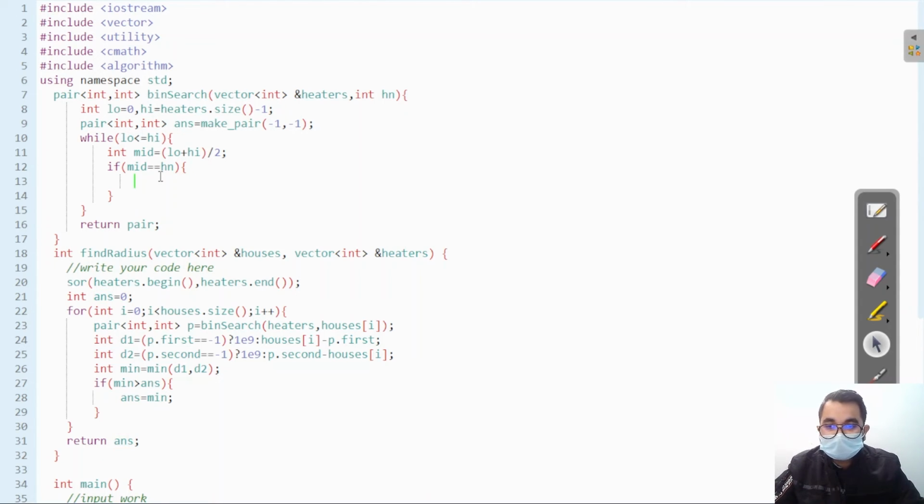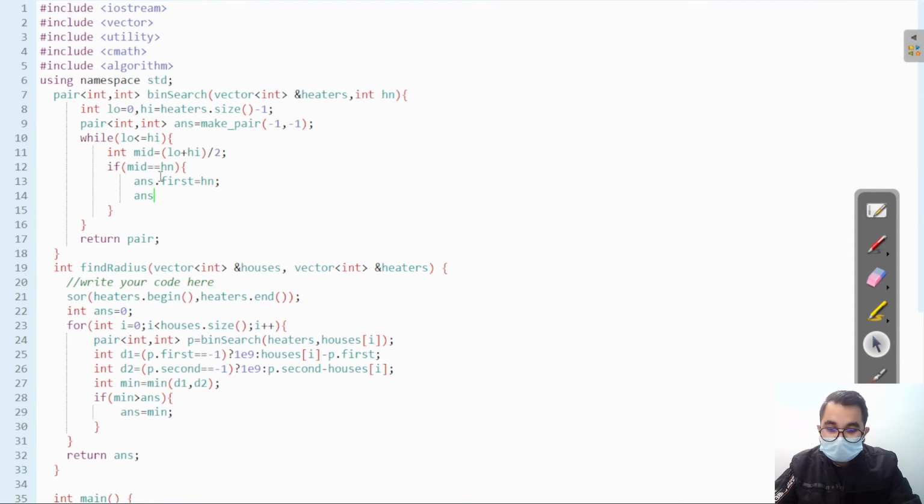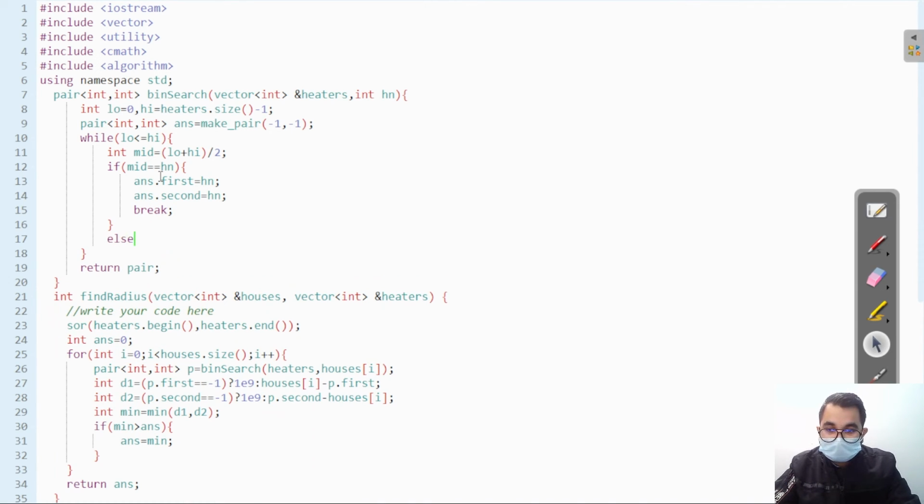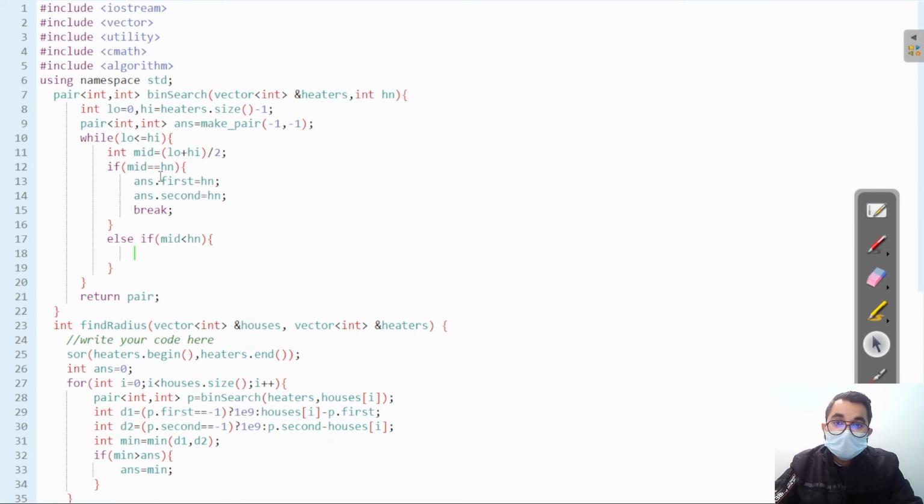So for that, what I need to do is put answer dot first as the house number and answer dot second also as the house number, then just break the loop. Okay, else if mid less than house number, it means that I have found a heater that is on the left side.